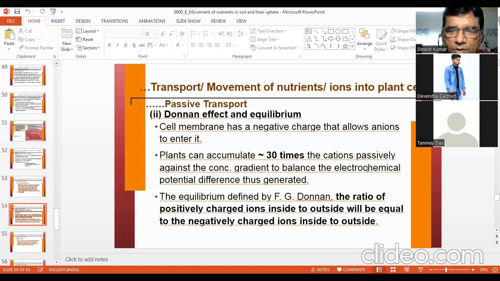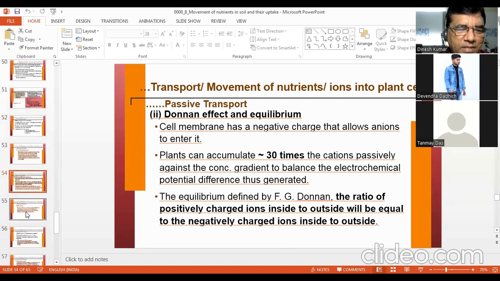Now, what is Donnan equilibrium? The equilibrium defined by F.G. Donnan is that the ratio of positively charged ions inside to the outside will be equal to the ratio of negatively charged ions inside to the outside. So you can see what Donnan equilibrium is and its significance.